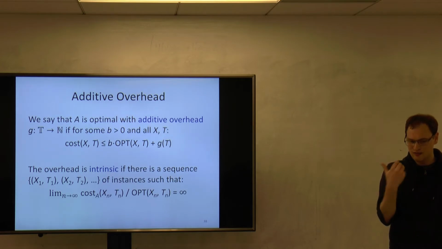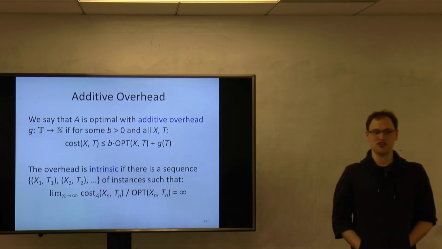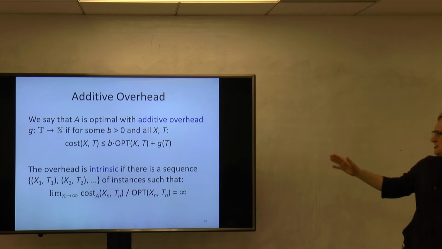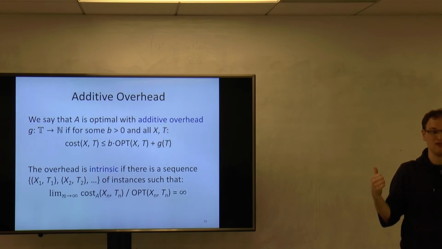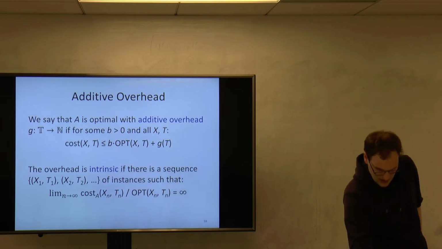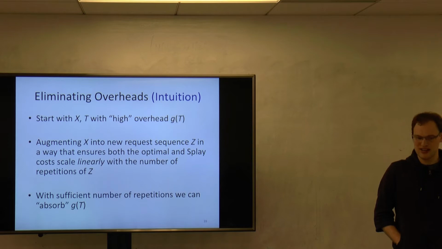Formally, splay can be optimal with some additive overhead function g. The case I care about is when the overhead is intrinsic: there's some sequence of instances where the ratio of the algorithm cost to the optimum cost goes to infinity. That's an intrinsic overhead, and I actually need some function to absorb it. How do we eliminate this possibility?